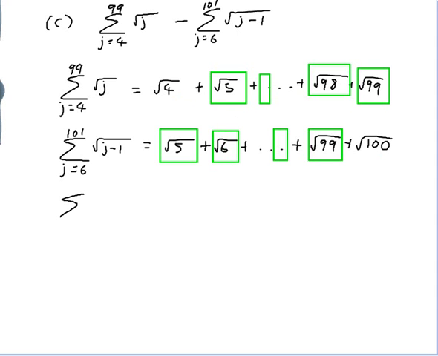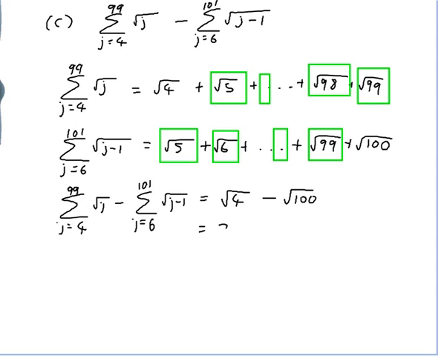So the sum from j equals 4 to 99 of root j minus the sum from j equals 6 to 101 of root j minus 1 comes out to root 4 minus root 100, which is 2 minus 10, which is negative 8. And so that's my final answer.